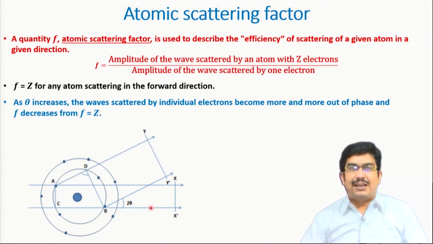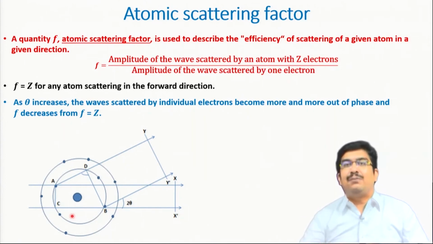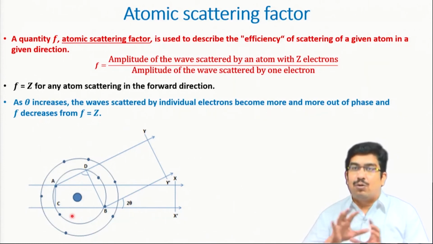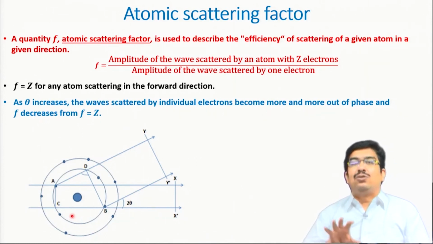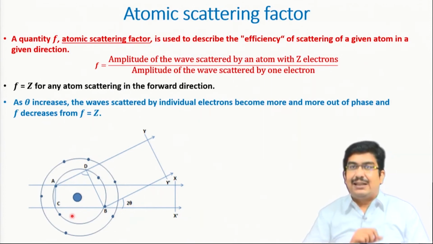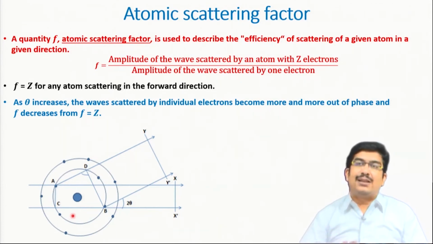In any given direction, including the forward direction, how is the intensity of the scattered beam from the overall atom related to the intensity of the scattered beam from the individual electrons that it consists of? That is expressed by this atomic scattering factor.